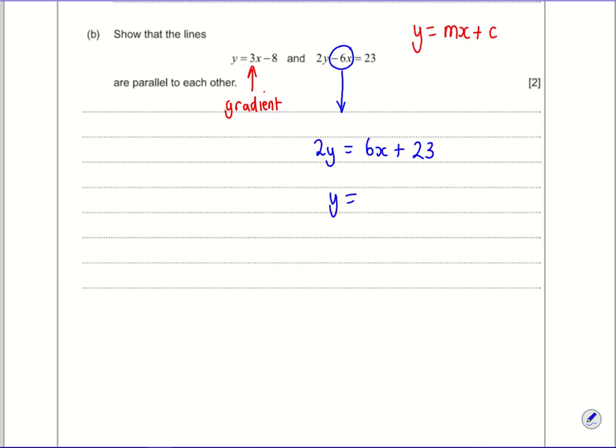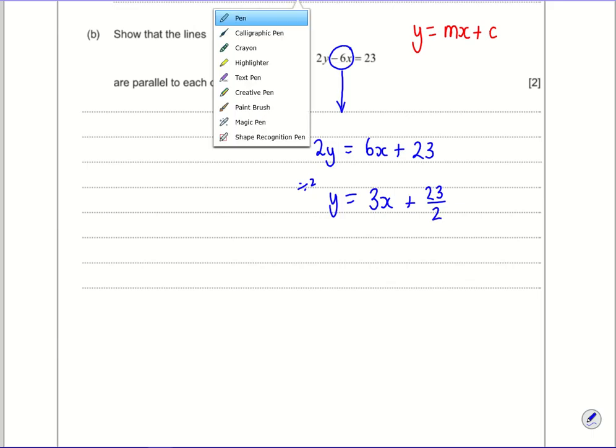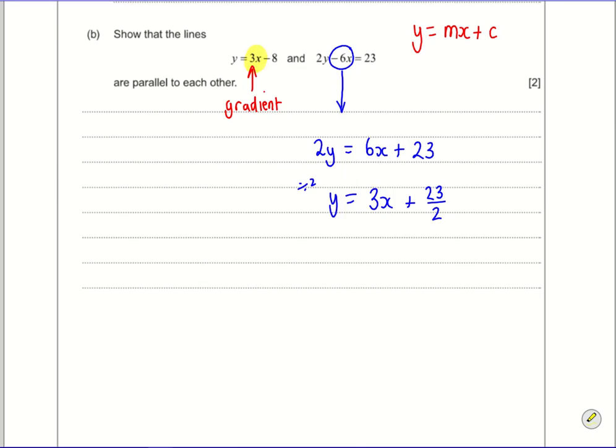So 6 divided by 2, that's easy enough. That's going to give us 3x. And 23 divided by 2, well, it's 11.5, but actually it doesn't matter. We've already answered the question, because we have a gradient of 3 on this line, we have a gradient of 3 on this line, so they are parallel because they both have a gradient of 3. That's quite a tough question.